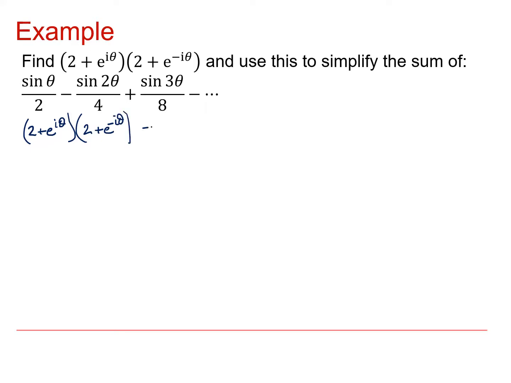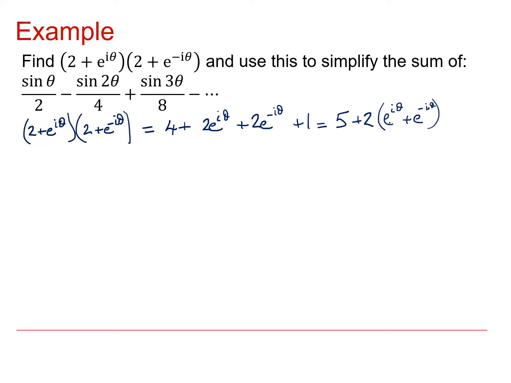And what happens if I multiply them out? Well, I'm going to get 4 plus 2e to the i theta plus 2e to the minus i theta plus 1. And if I just tidy that a little bit, I'm going to get that that's 5 plus 2 lots of e to the i theta plus e to the minus i theta.